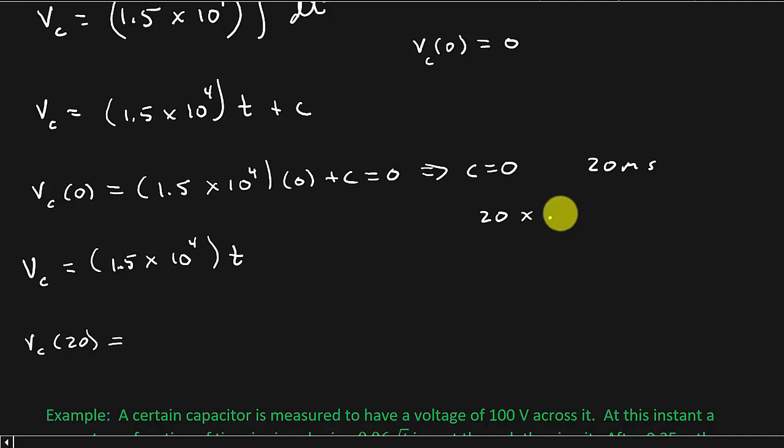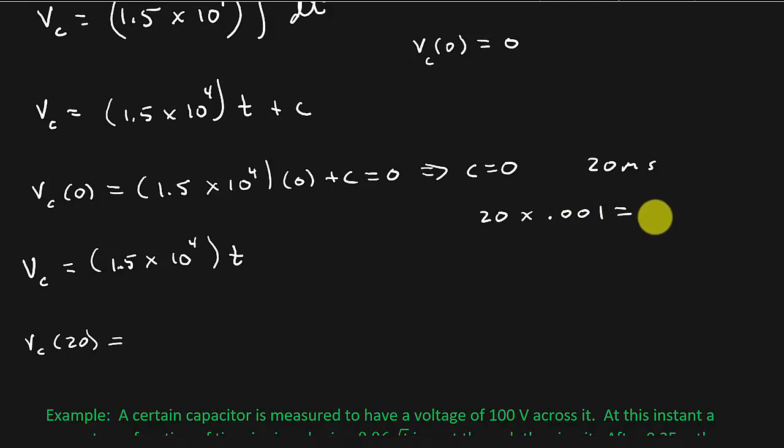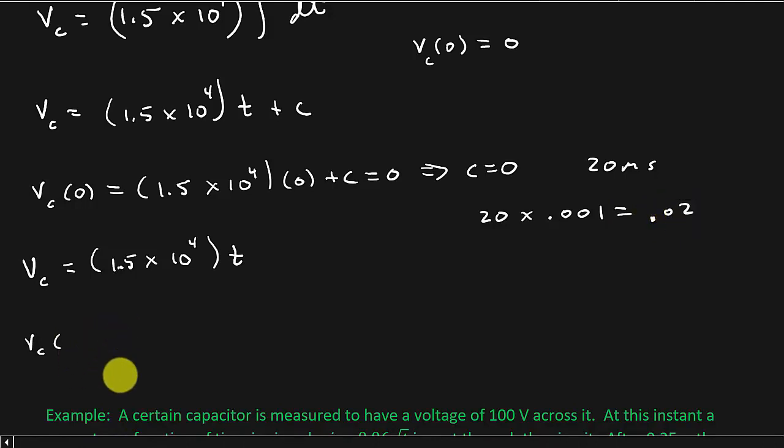Times point. Now, how do I go from milliseconds to seconds? Well, I multiply it times 0.001, which is going to give me 0.02. So no, I don't use 20.